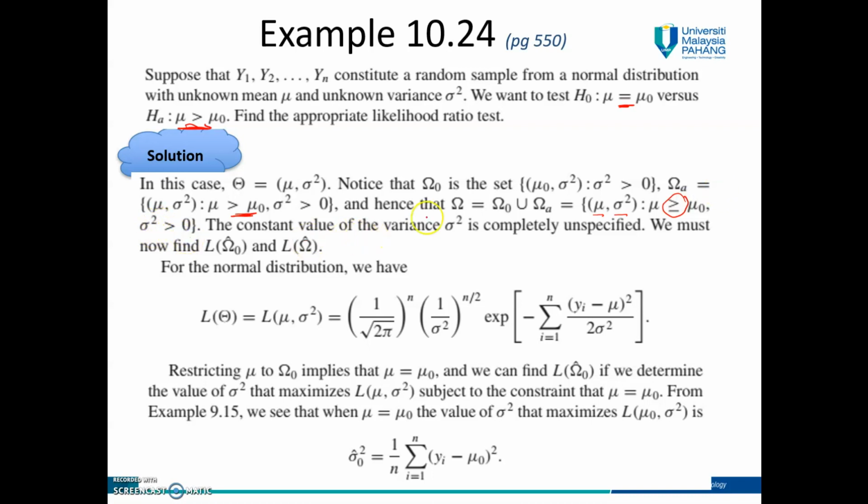Now, the value of the variance sigma square is completely unspecified; we don't know the value. So we must now find the maximum likelihood over omega hat naught and the maximum likelihood over omega hat. For the normal distribution, you know the density function is this one, but this has been summarized as a product over the sample, because we have y1, y2 until yn.